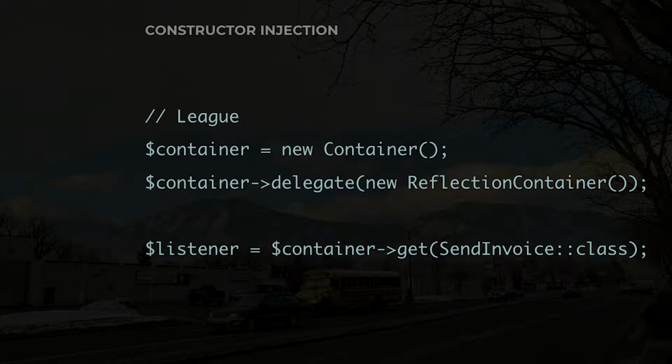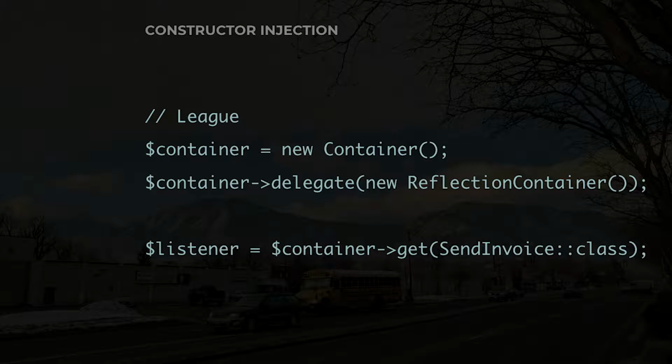The PHP-League container has something called a reflection container. And a reflection container uses PHP's internal reflection API. And the reflection API can allow the container to take a look at the code, at the constructor, the arguments, the argument type hints, and that way it can actually see what needs to be injected.